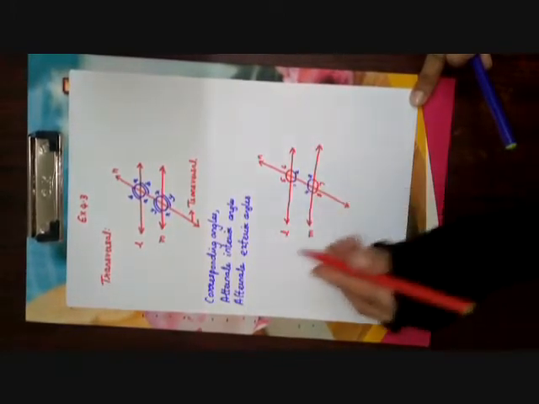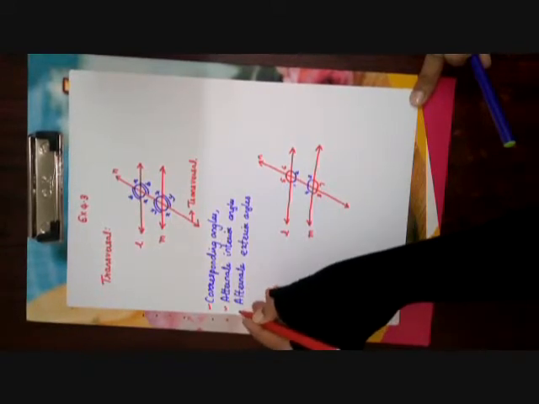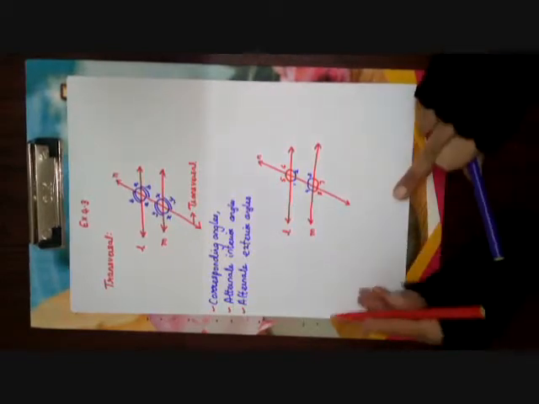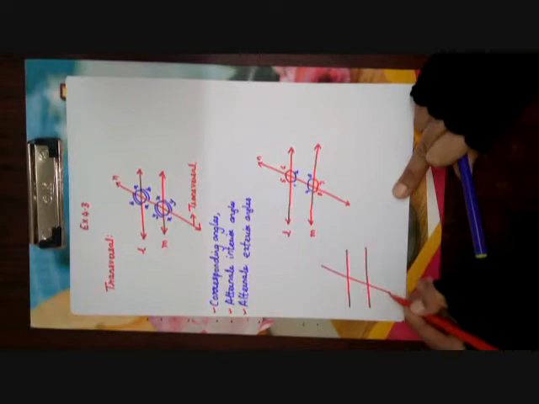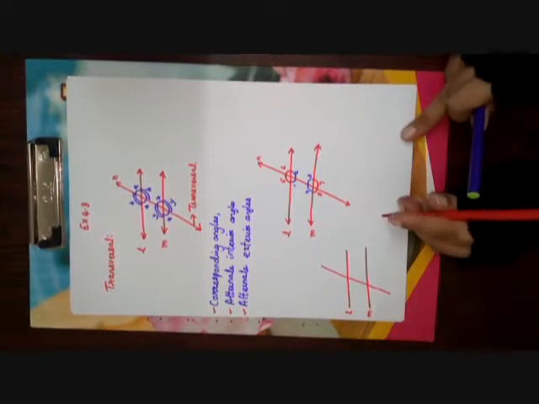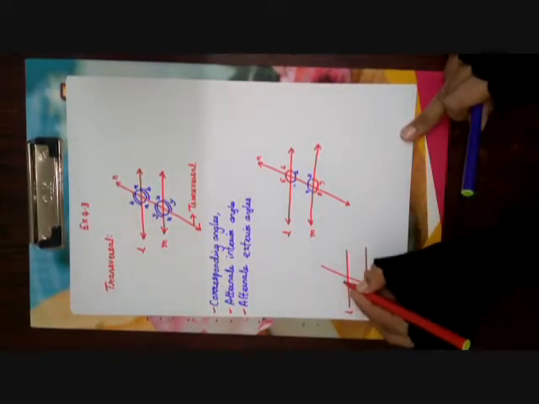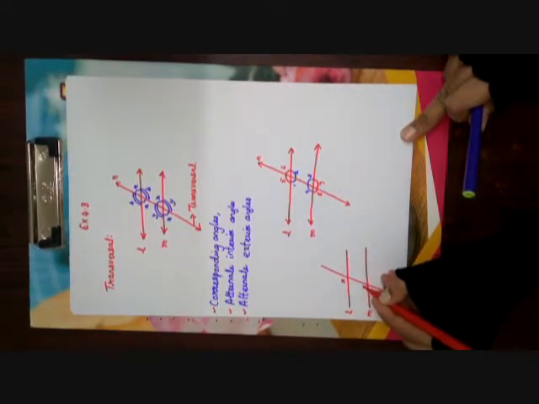This we have understood. We have to understand what are corresponding angles, what are alternate interior angles, and what are alternate exterior angles. Now suppose we have a set of parallel lines being cut by a transversal. Okay. So these are called corresponding angles. Here, angle X and this angle X are called corresponding angles. We have another set of corresponding angles.